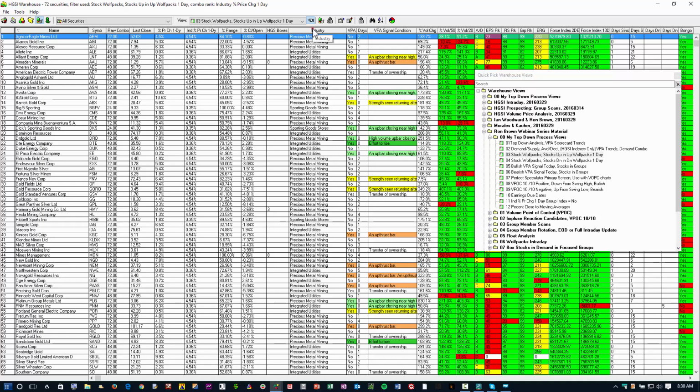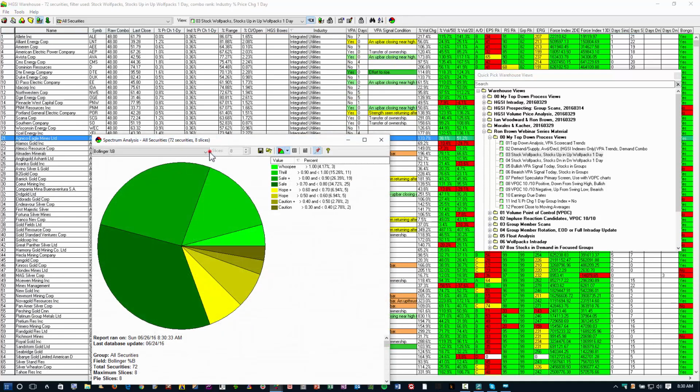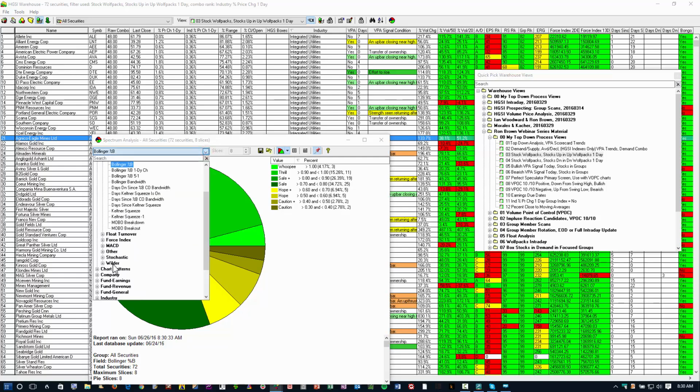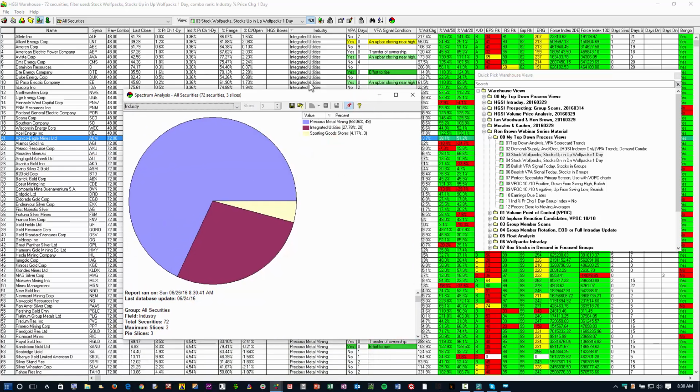If I sort on this, bring up my spectrum analyzer, drop down to the industry, you can see which stocks qualified. Precious metal and mining, integrated utilities, and there were 3 sporting goods stores. I don't quite understand that, but that's the way it is.